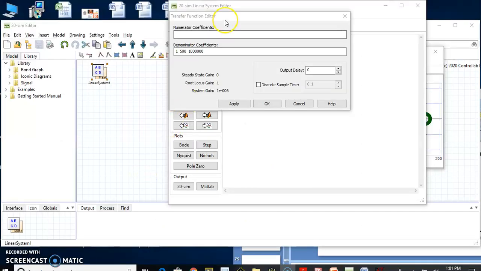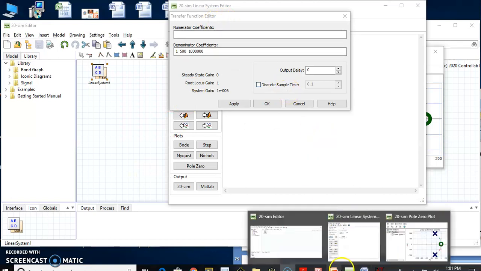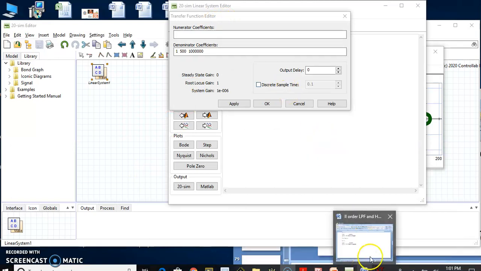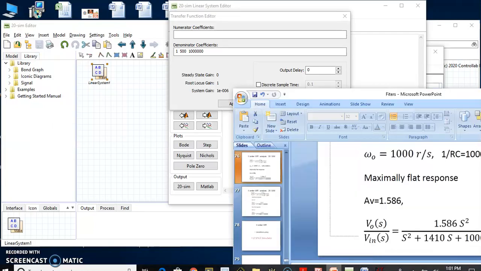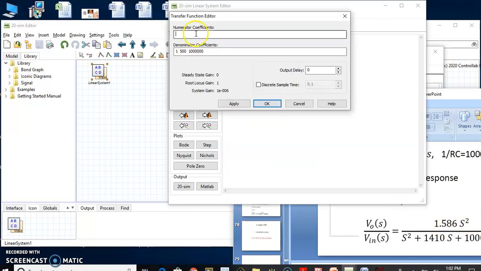Okay, let us edit the transfer function of this particular high pass filter. This is the transfer function of the high pass filter for a maximally flat response, which has the numerator 1.56 into S square, and of course we don't have any other terms. Let us type here 1.56, then a space with 0 and one more space with 0.